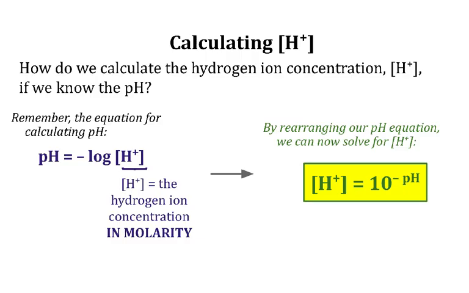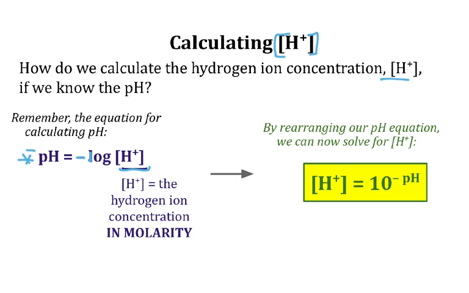So calculating hydrogen ion concentration, which is what this means. How do we calculate that concentration, H plus, if we know the pH? Well, we have this formula that defines pH. pH equals negative log of hydrogen ions. So if we rearrange that, if we use our math brain, then the negative is going to go over to the other side.